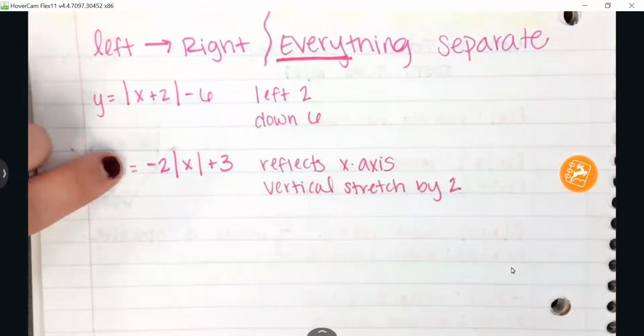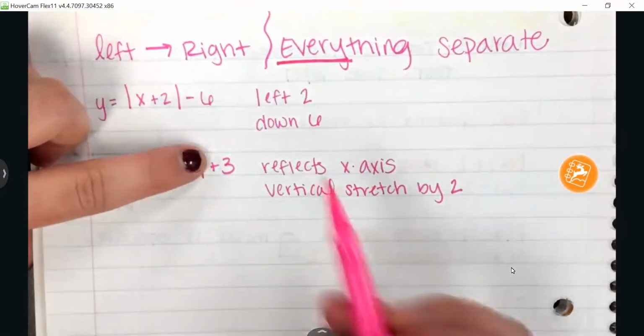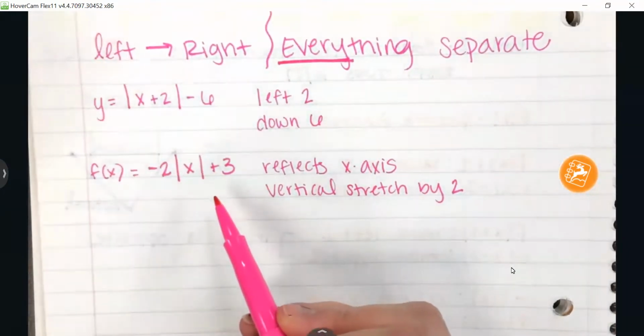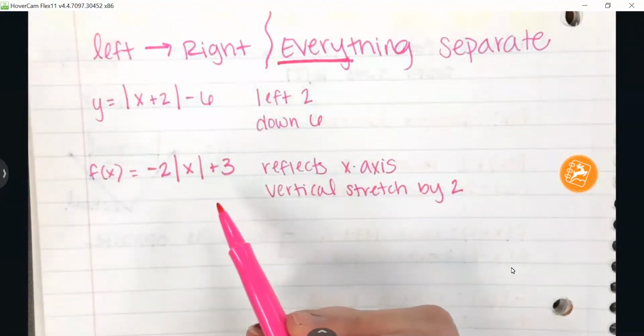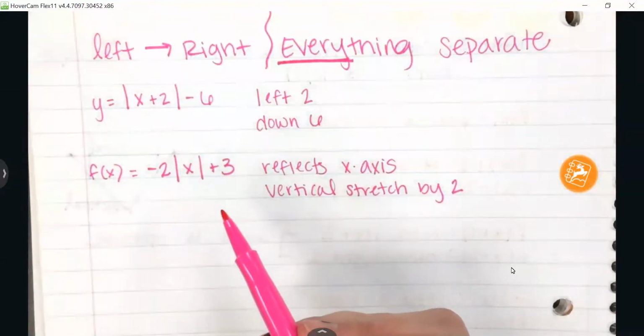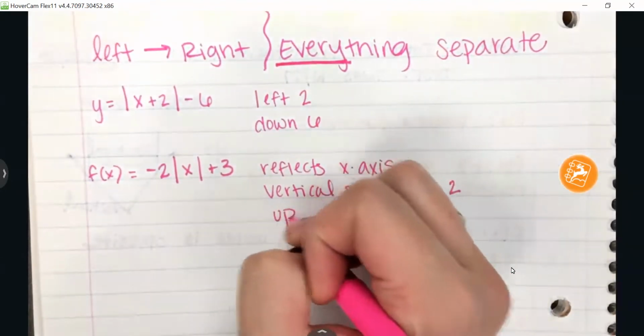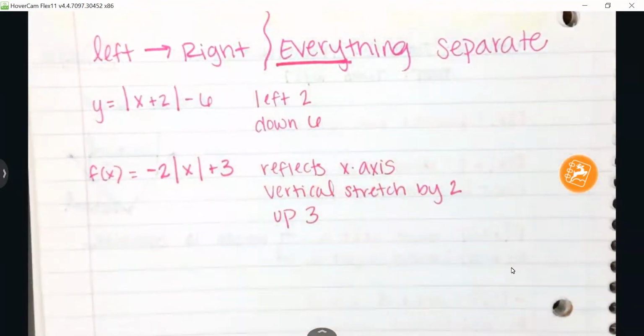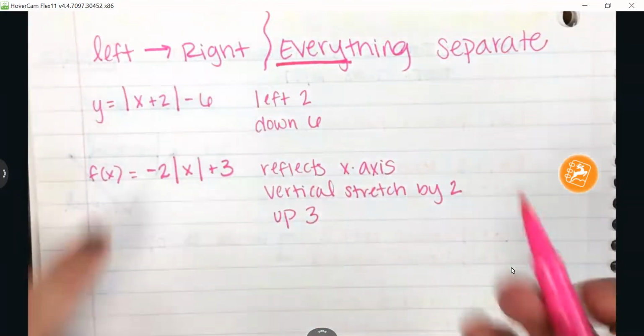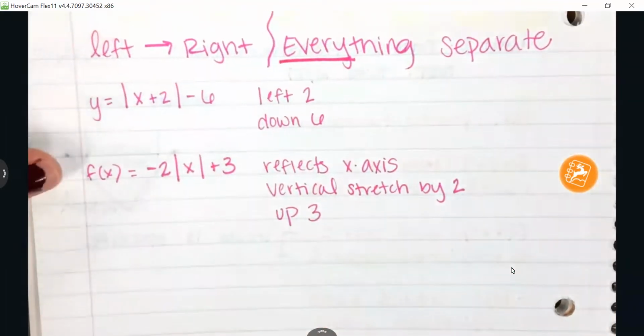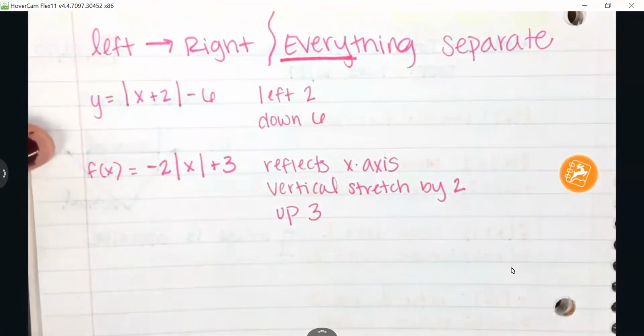Now, if I keep going across, I see a +3. Is that +3 inside or outside? Outside. Outside can only move up or down. Which way is that +3 moving? Up 3. Let's try another one because I need y'all answering me so I know you understand it.